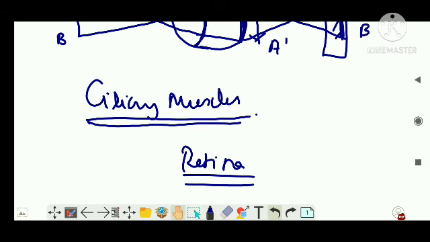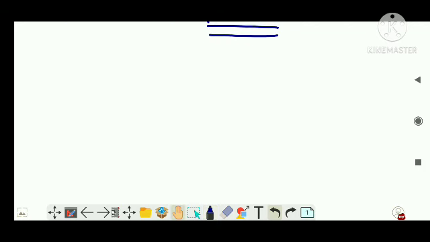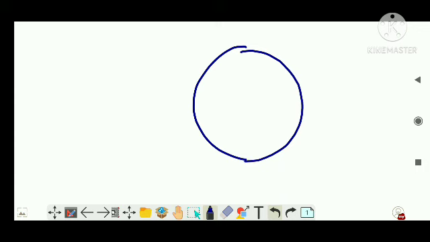Now, let's see when we are dealing with an object which is very far away. Let's say, the eye which I will be drawing doesn't look like an eye in any way, but hope you understand. See, this is our cornea.